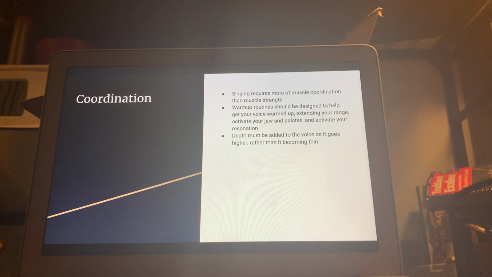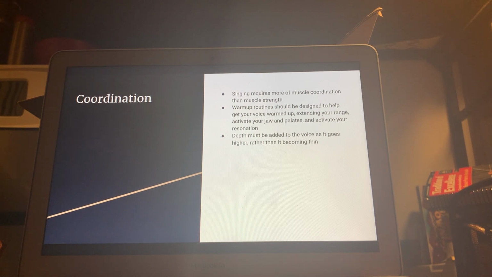So warm-up routines should be designed to help get your voice warmed up. Get it used to singing and speaking, extending your range, using it to really hit those high notes, or those low notes, and get them ready. Activate your jaw and palates so they're not tight. Same thing I talked about earlier with stretching your body to get it used to singing.